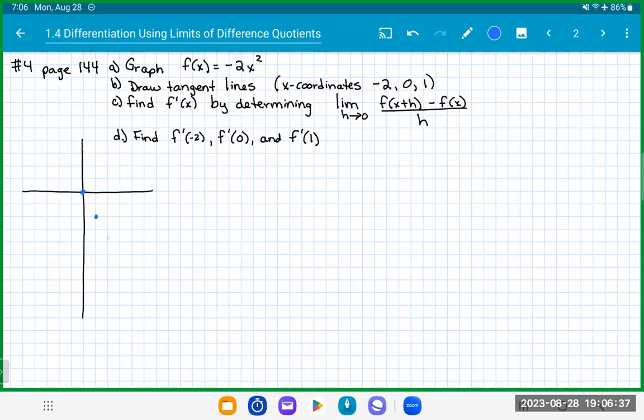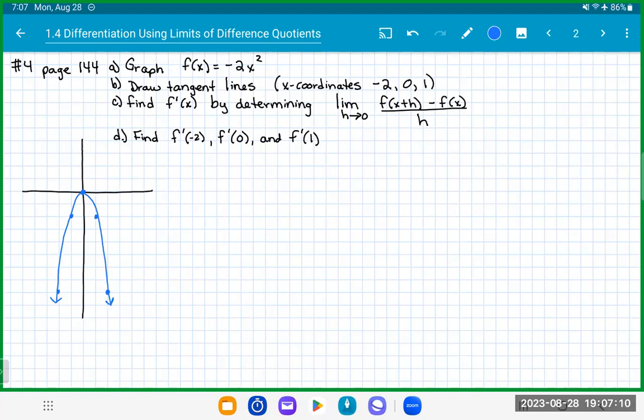So that's 2, 3, 4, 5, 6, 7, 8. Because the parent function is a parabola, we know it is also true for the negative x's. So this graph looks something like this, and these will go on to infinity. Okay.